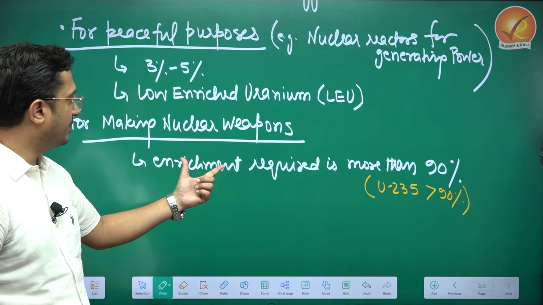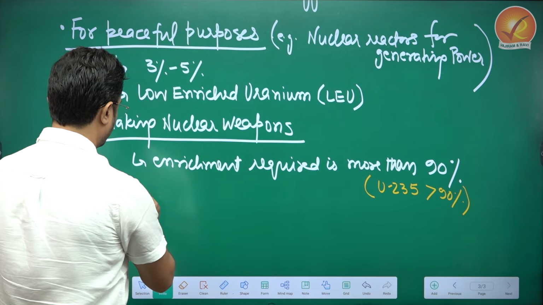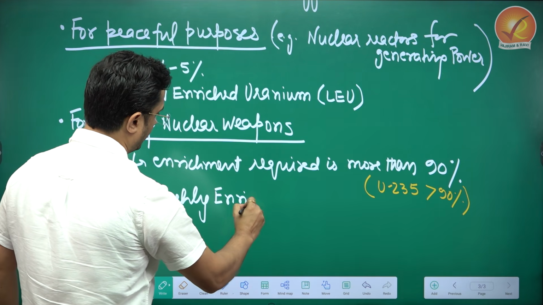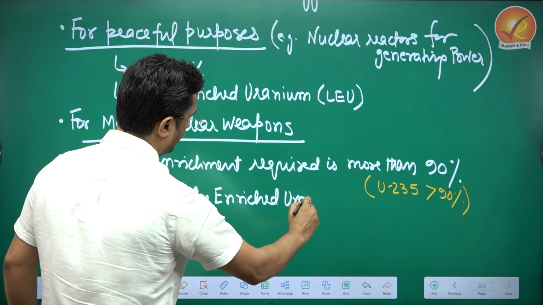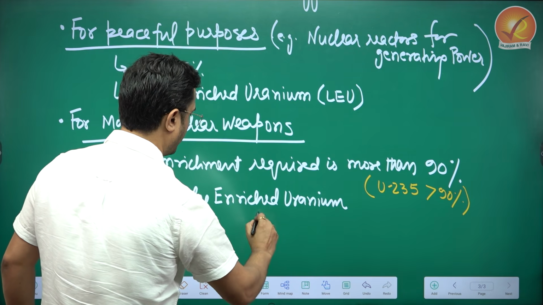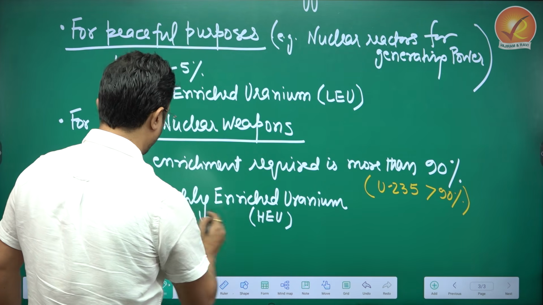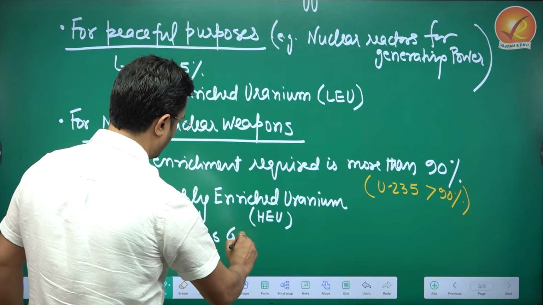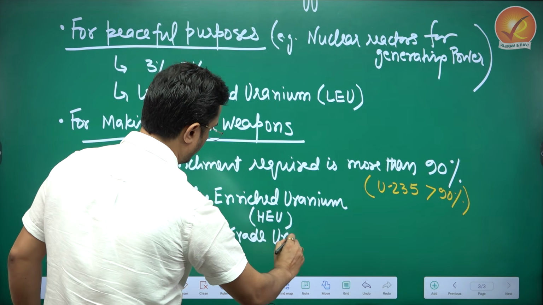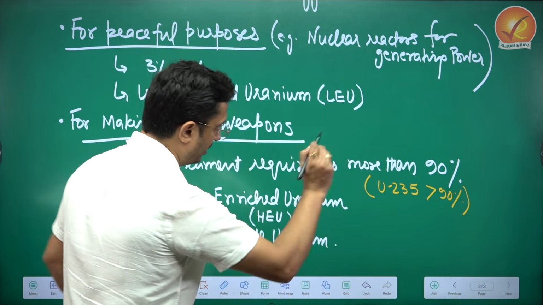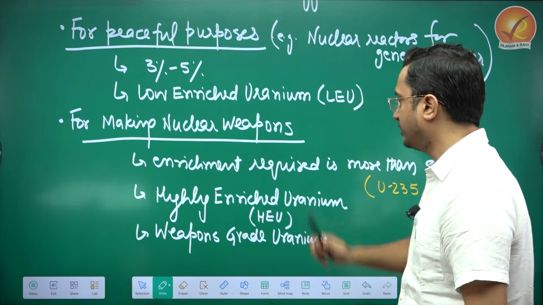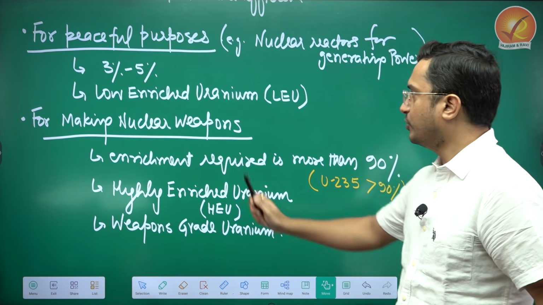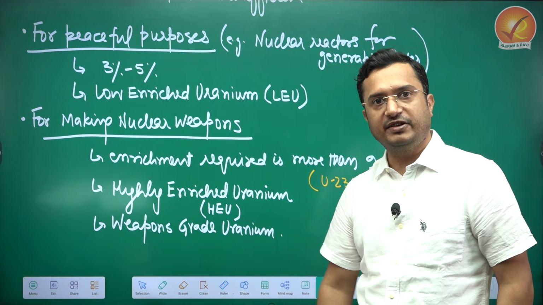This uranium is called highly enriched uranium, HEU, or weapons grade uranium. This is the issue, that Iran possesses this kind of uranium, highly enriched uranium.